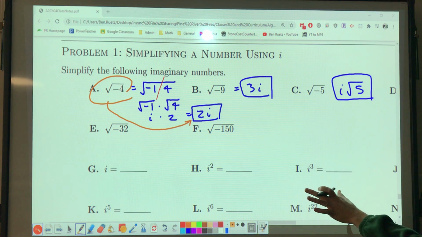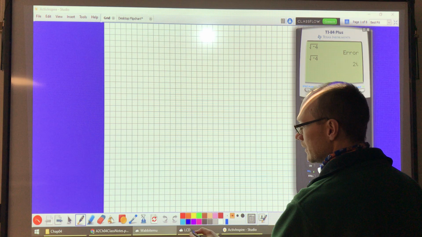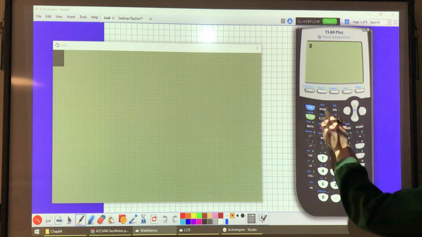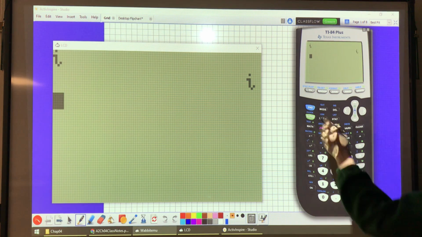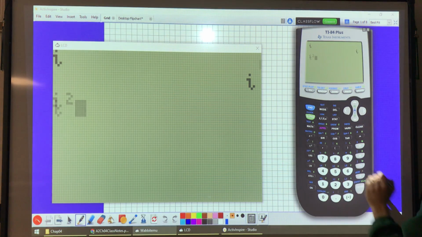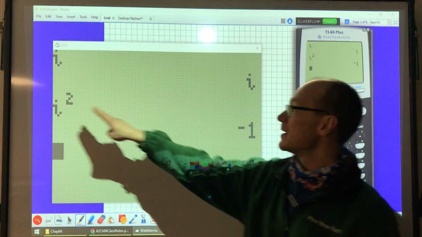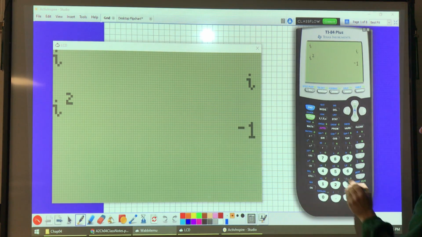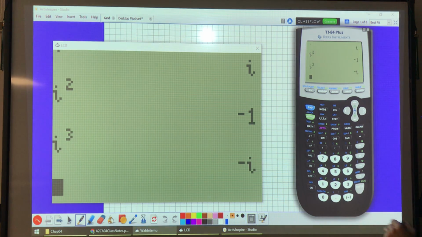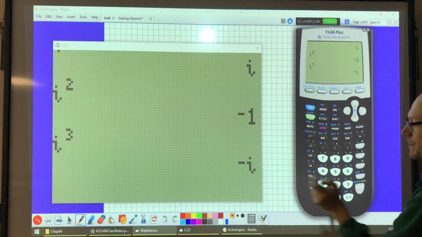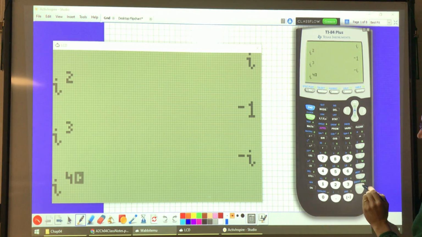Okay, now I want to show you this idea with the repeated powers of i. Guess what i equals? i equals i. But guess what i squared equals? -1. Is it possible to have something squared equal -1? Yes, it is. How about i cubed? We get -i. How about i to the 4th?